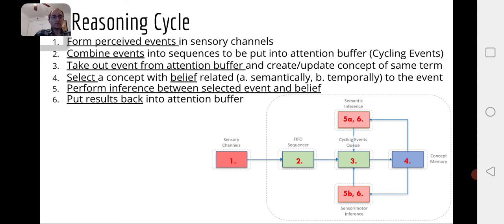Depending on whether it's a semantic or a temporal relationship, it will either go to semantic inference or sensorimotor inference. The results of those inferences go back to, or enter, essentially the cycling events queue, also called the attention buffer.